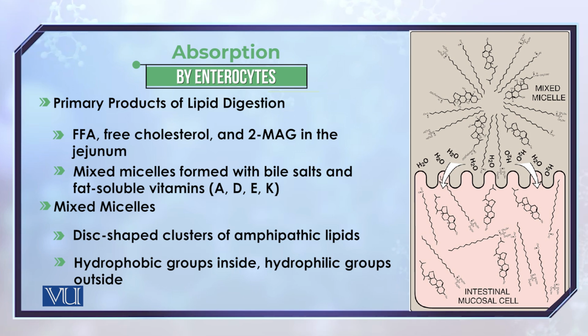So nature has devised a way here to circumvent, to deal with this problem. These lipid constituents, like free fatty acid, free cholesterol and 2-MAG, 2-monoacylglycerol, will then, along with the bile salt, be contained in specific structures known as micelles.